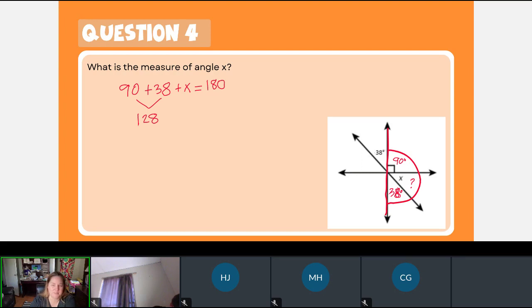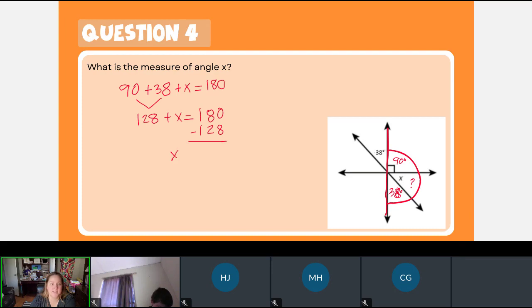And then we bring the rest of this down. Plus x equals 180. Now, what do y'all think we're going to do with this 128 to move it over here? Because we got to get x by itself. Right now it's being added. What's the opposite of addition? Good, Skylar. We're going to subtract it from 180.